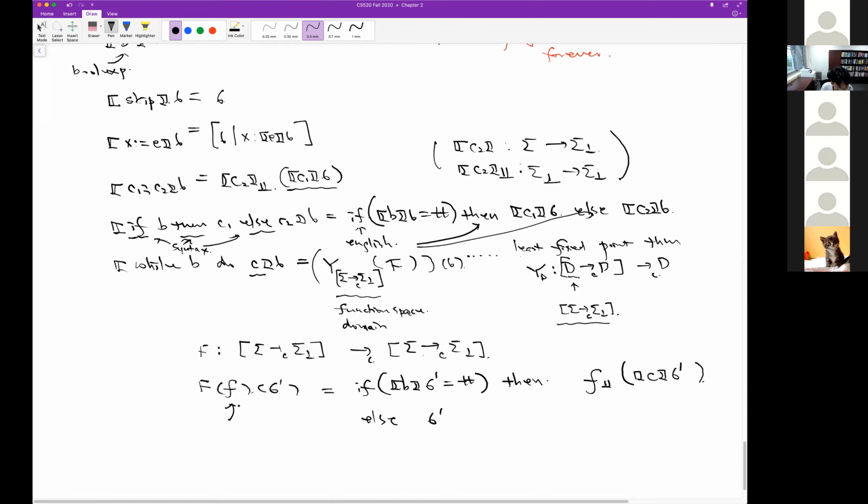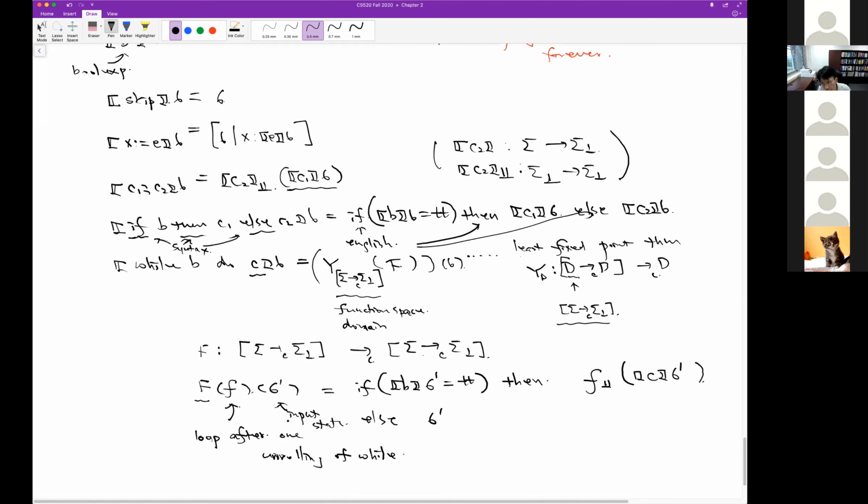So intuitively, this F represents the loop after one unrolling. F can be anything, but in the intended usage of this capital F, small f represents the loop after one unrolling, and sigma prime is an input state.